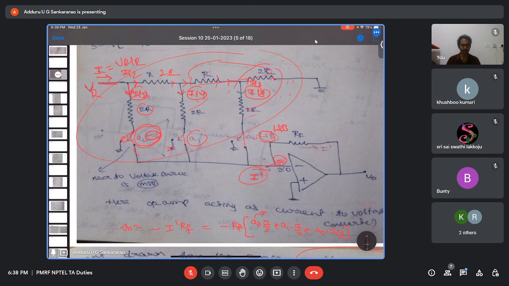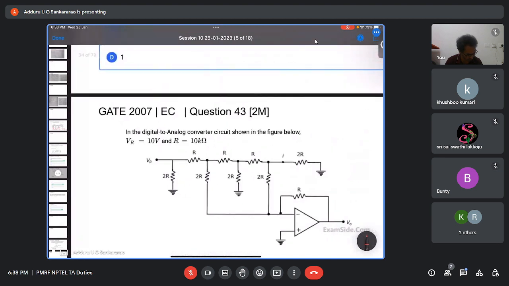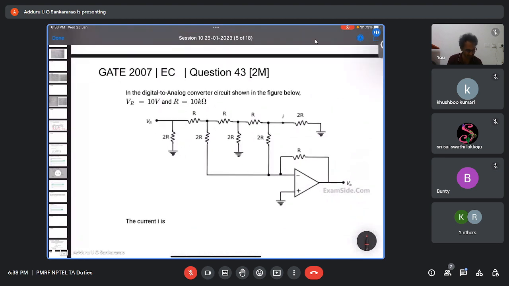Okay. Yes, sir. Fine. Based on this, I think some question was given some time back. Yeah, this was given in 2007. So in the digital to analog converter circuit shown in the figure below, VR and R are given. Then what is the current I they are asking?